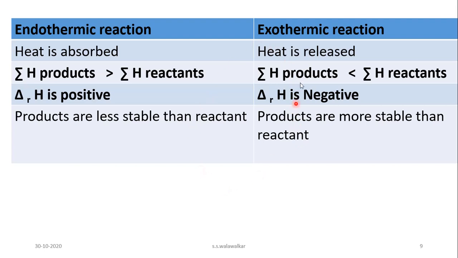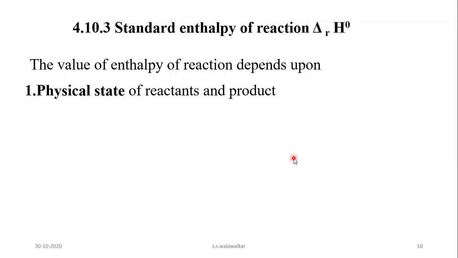So these are the four most important distinguishing points between endothermic and exothermic reaction. The question may be asked like this: explain the term endothermic and exothermic reaction, or distinguish between exothermic and endothermic reaction, for 2 marks. The next point of this topic is standard enthalpy of reaction.